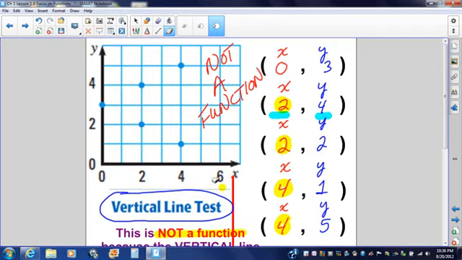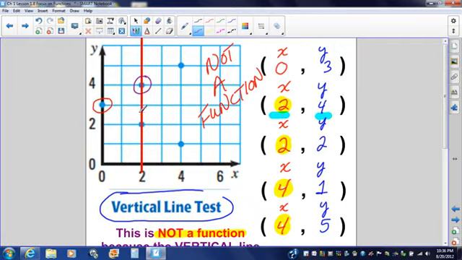Okay, the vertical line test says you draw a vertical line that goes up and down, and you see if it goes through 2 points or 2 ordered pairs. So right here, it only touches 1 ordered pair. But if I slide it over, you should be able to notice, that's correct, Mr. Phillips, I have hit 2 ordered pairs.